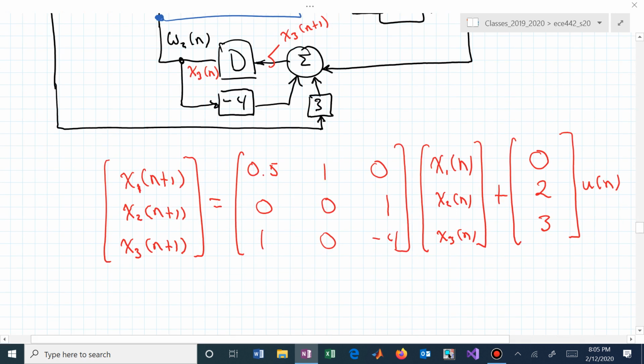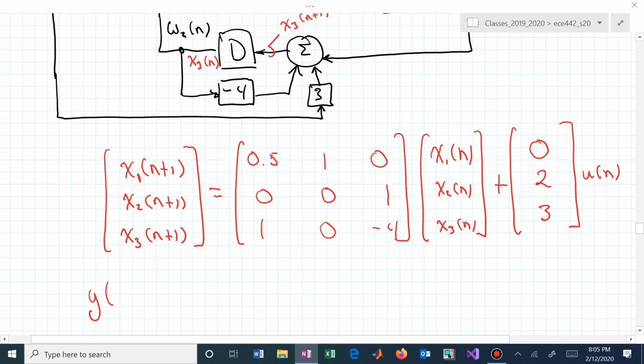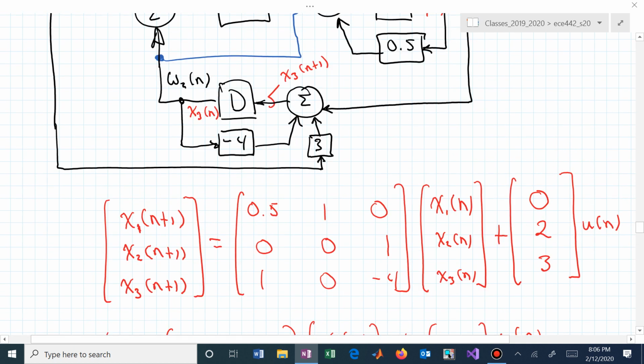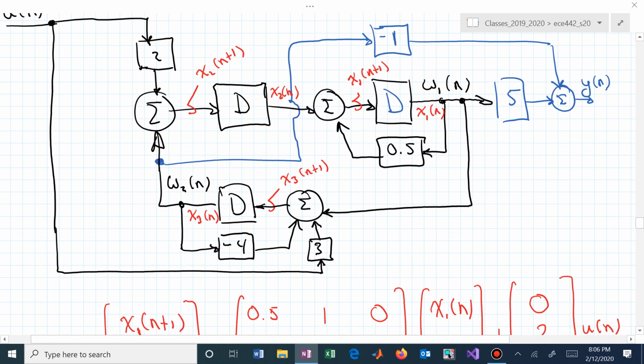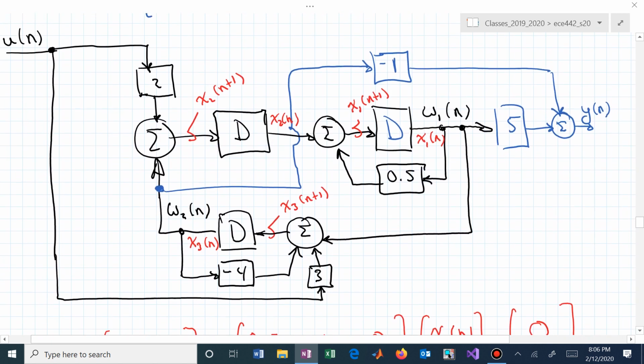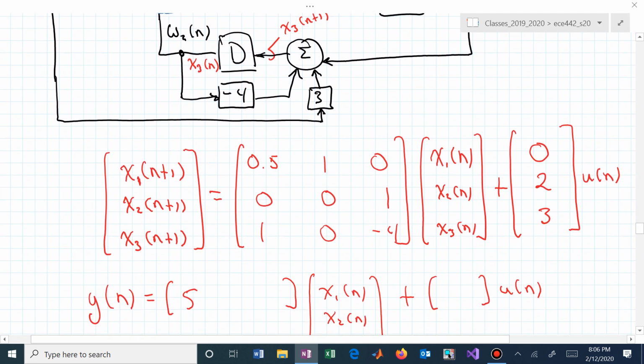And what's my output? That was 5 x1s, x3, and no x2s.